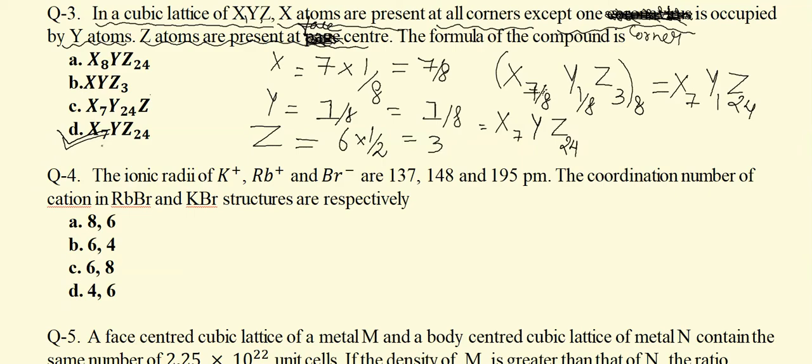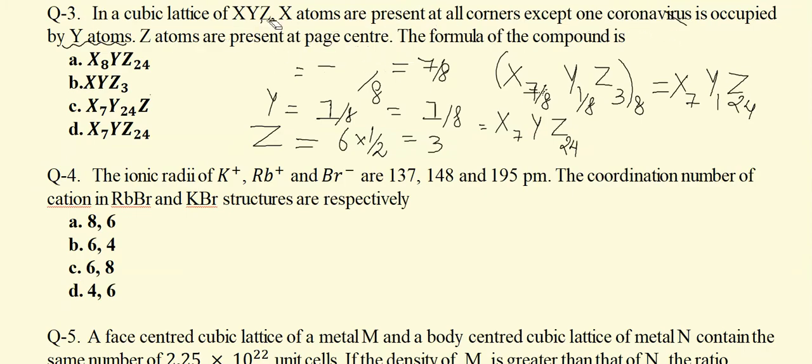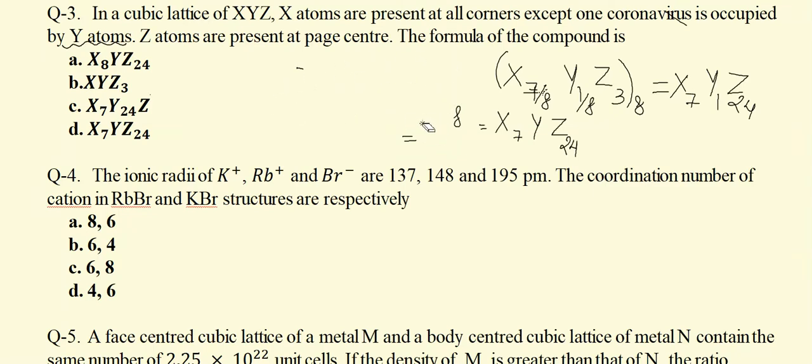Okay, next, the ionic radii of K plus, Rb plus and Br minus. The next question here: the ionic radii of K plus, Rb plus and Br minus are given as 137, 148, 195 picometer.